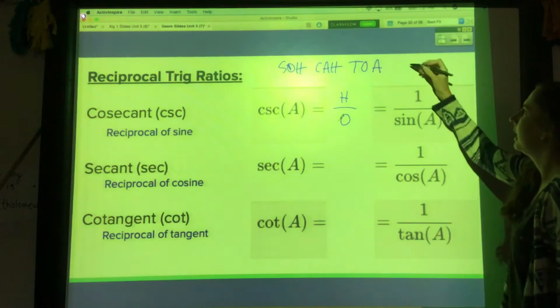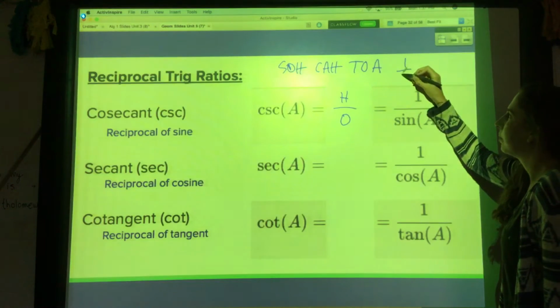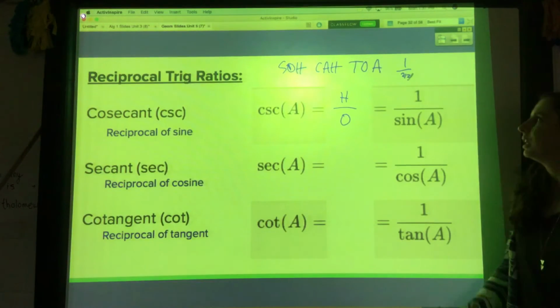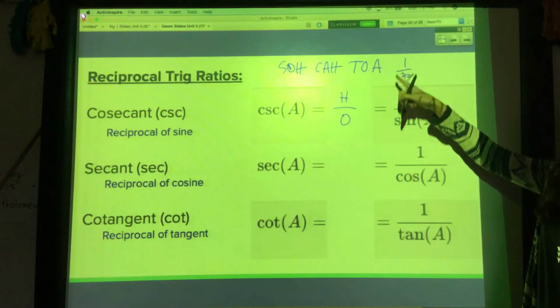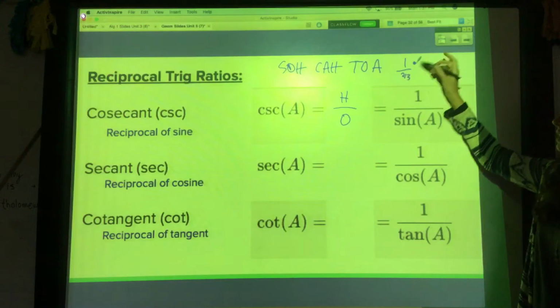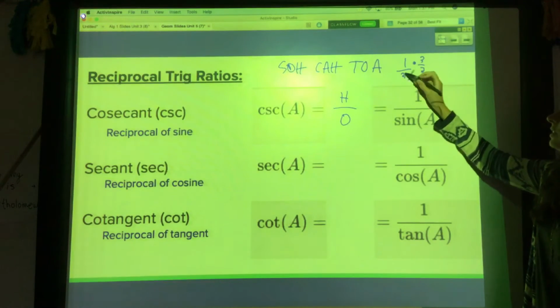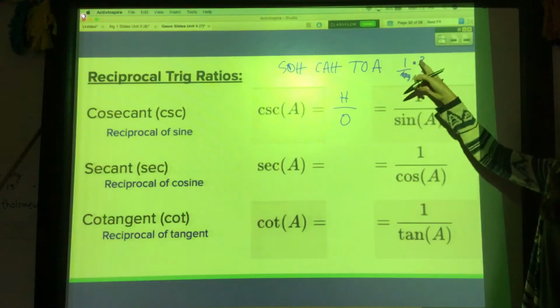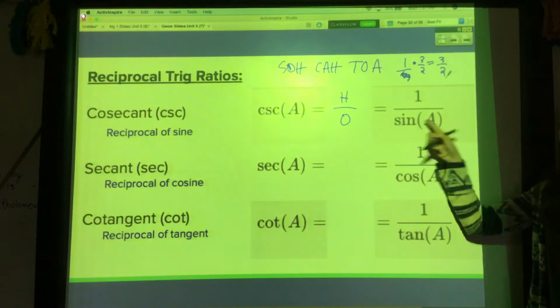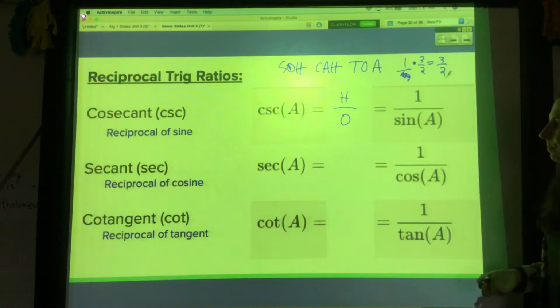Because if you ever do 1 divided by something, it flips the fraction. For example, if I do 1 divided by 2/3, I'm going to get 3/2. Because watch, you keep the first number, you change the division to multiplication, and then you flip it, so 3/2. And so 1 times 3/2 is just 3/2. So basically, doing 1 divided by something flips the fraction.